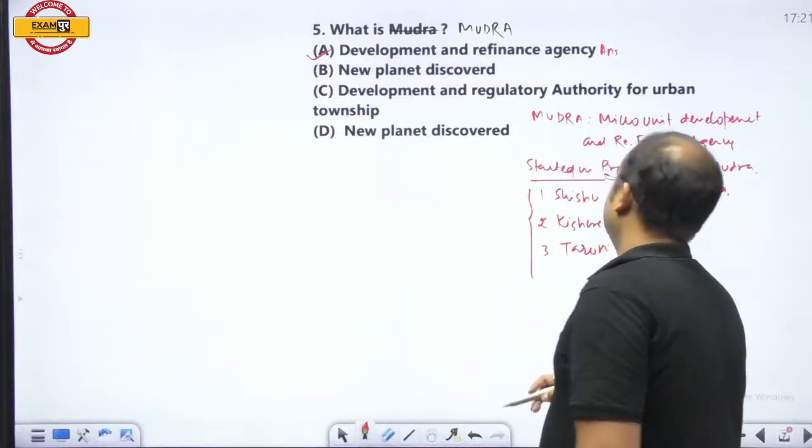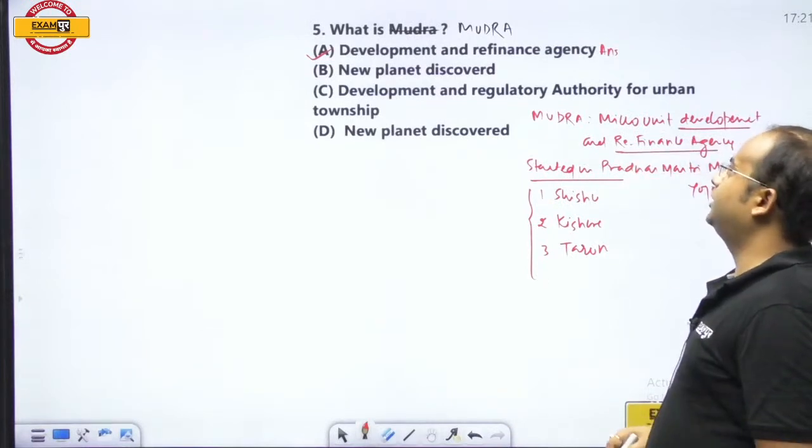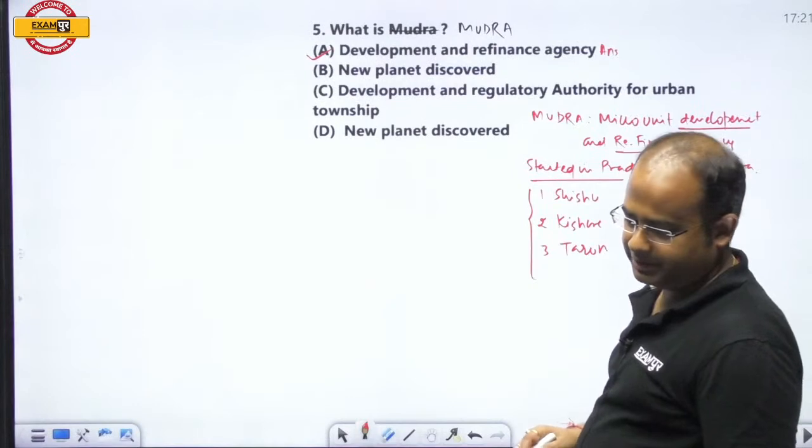So it is a development and refinance agency.